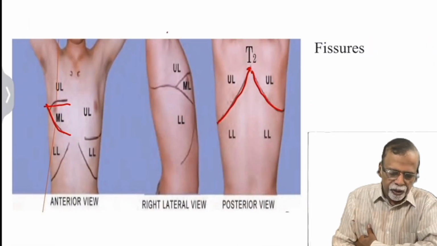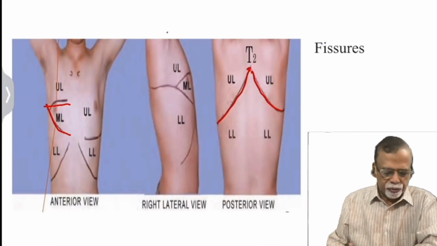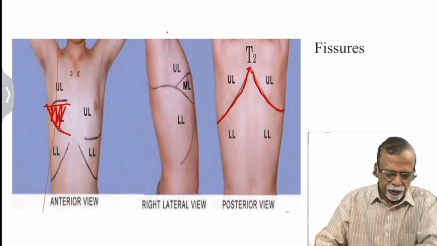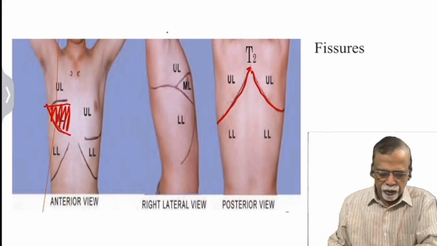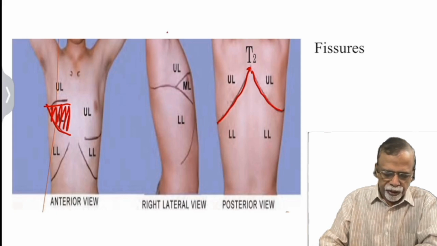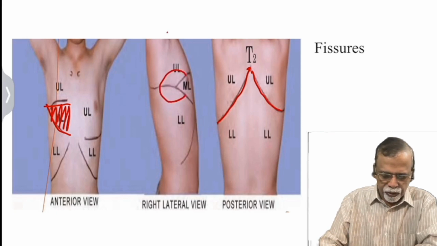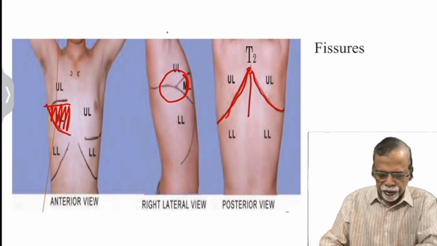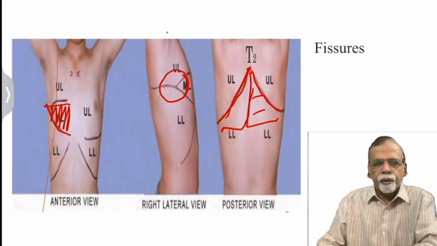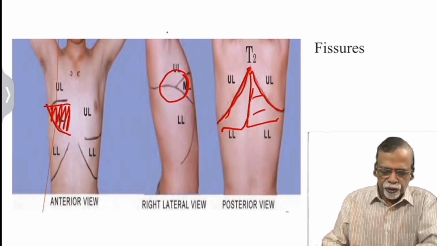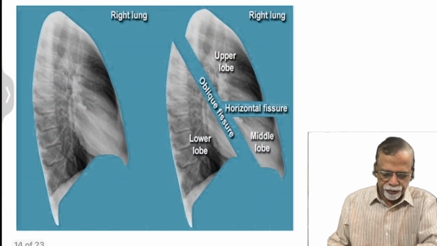The space between this becomes the middle lobe. And here you can see that in the axilla you have got 3 lobes. And in the back, majority is the lower lobe. So this should be picturized when you are examining the patient.